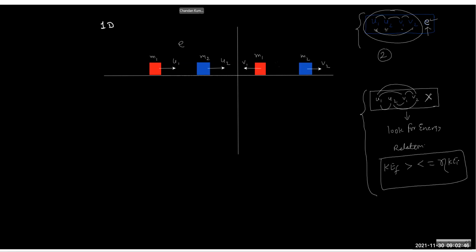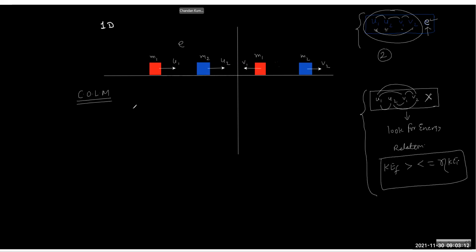And then the steps that we have to follow. We are assuming these two as my system. And if we choose these two as the system, then definitely the impulse developed will be internal, which means the momentum will be conserved. The first step of solving any question is conservation of linear momentum.